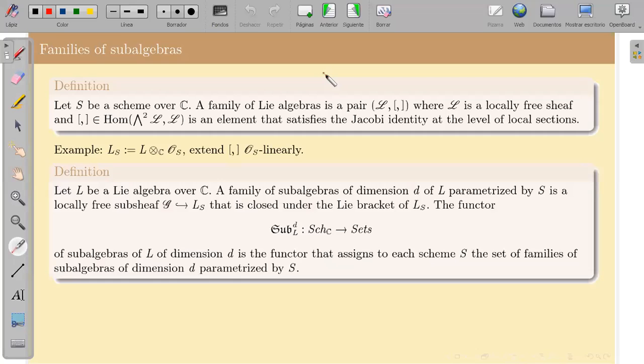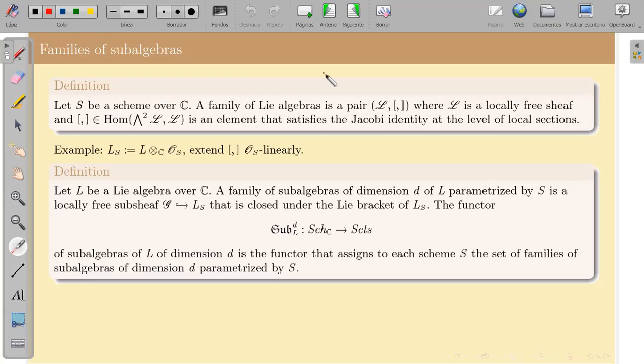If we have a Lie algebra L, a family of subalgebras of L over some base S is a locally free subalgebra of the trivial deformation of L over S, such that it is closed under the Lie bracket we just defined. So we can define the functor of subalgebras of L of dimension D, assigning to each scheme the set of families of subalgebras over such scheme.